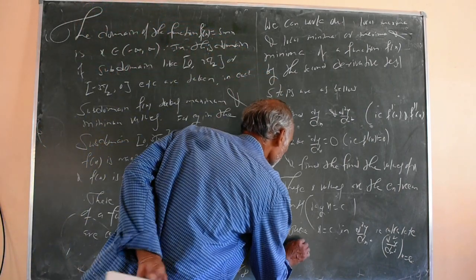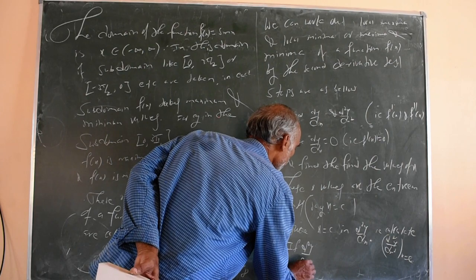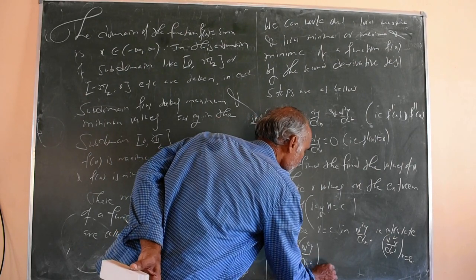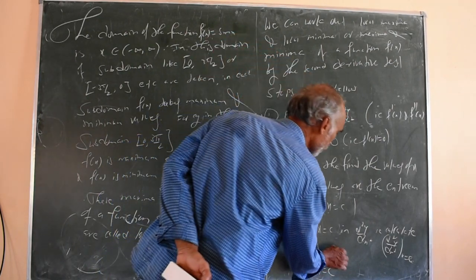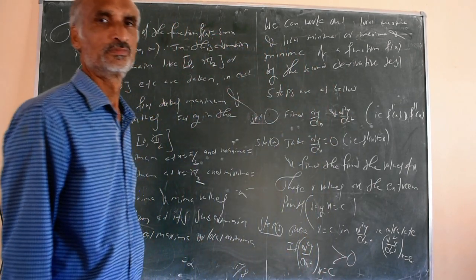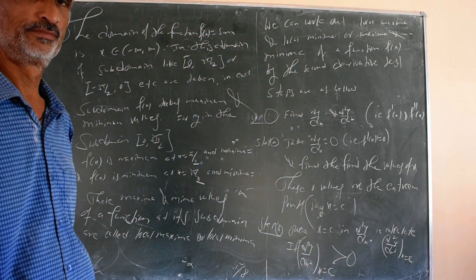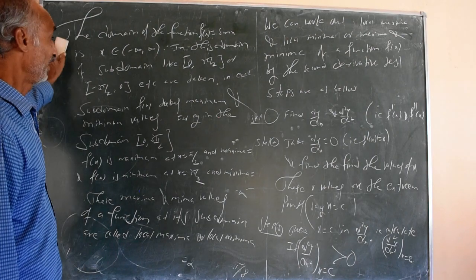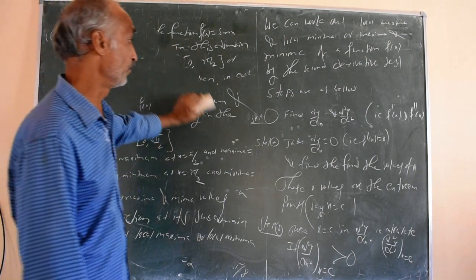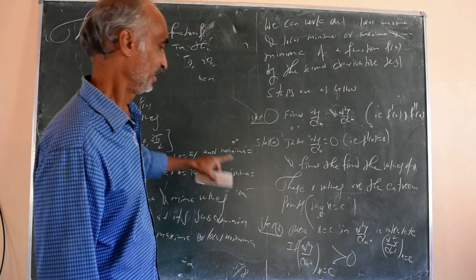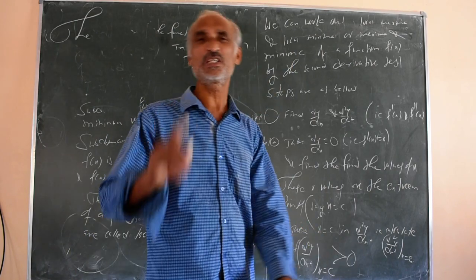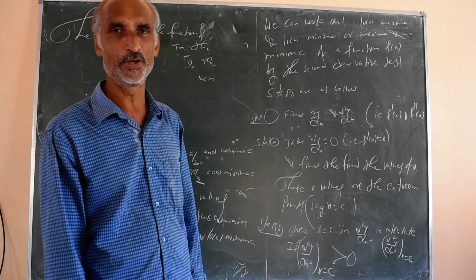If d square y upon dx square at x is equal to c is positive, then at x is equal to c the function is minimum. Second order derivative positive ಬಂದ್ರೆ function is minimum. ಅದೇ main point.